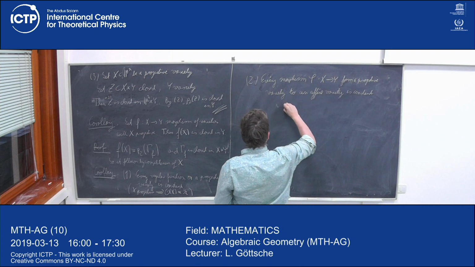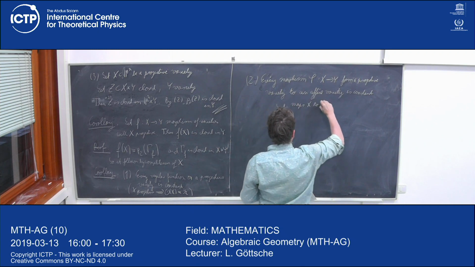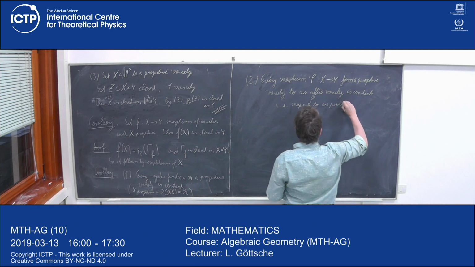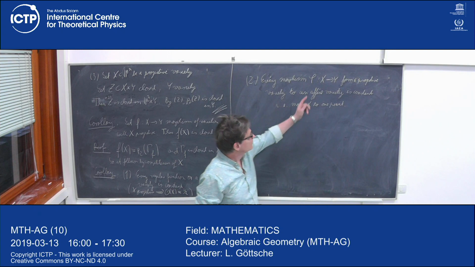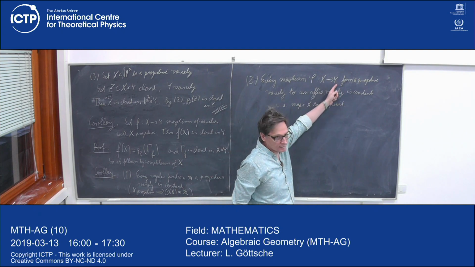That means it maps X to one point. So there's no non-trivial map from a projective variety to an affine variety.